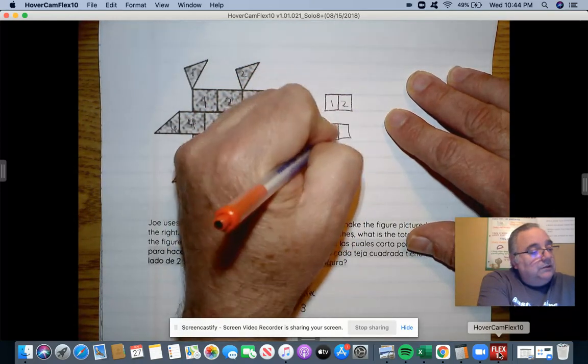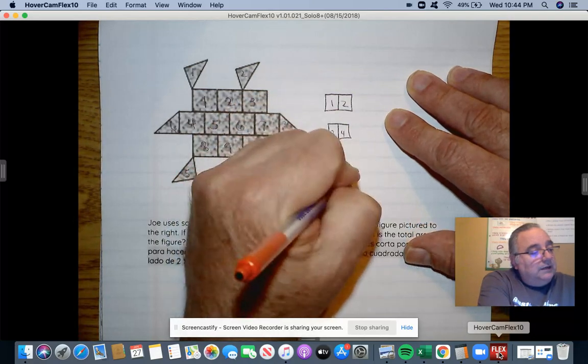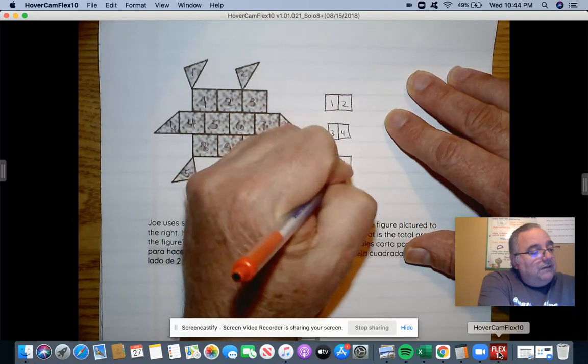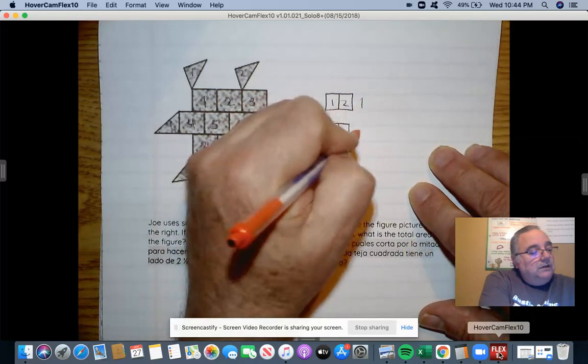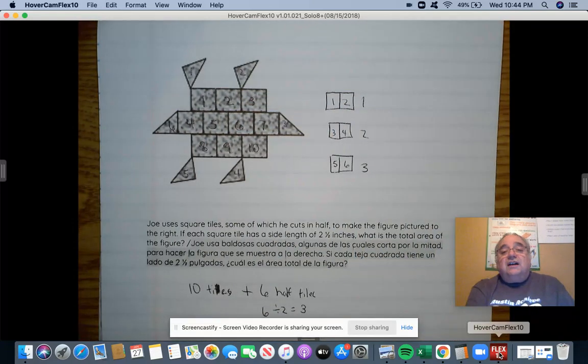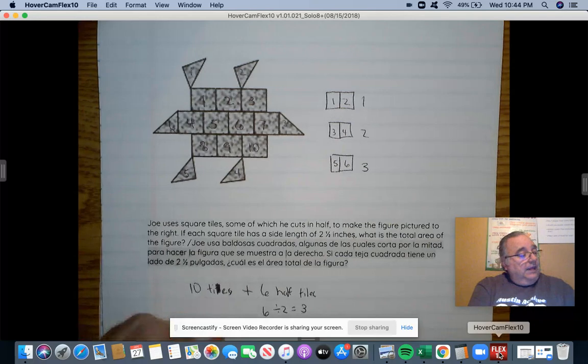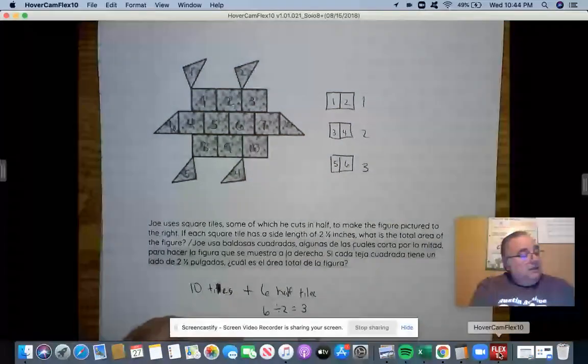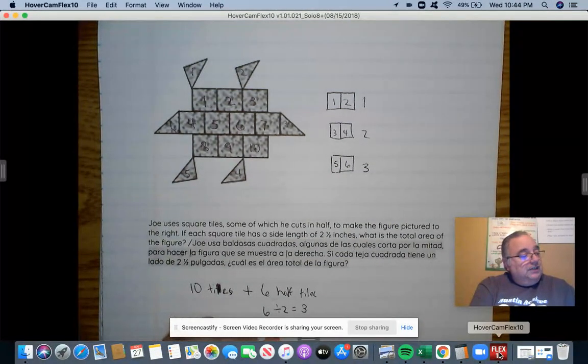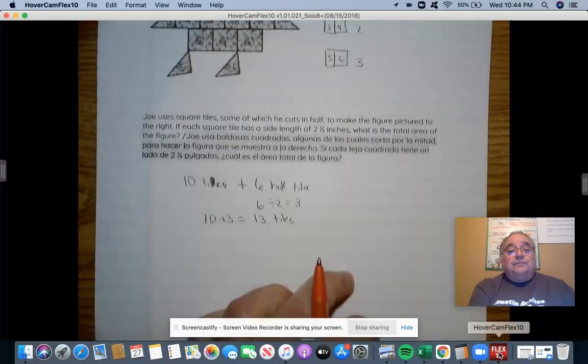That's 1, 2, 3, 4. I need to do one more. 5, 6. That's 1, 2, 3 whole tiles. So I know that 10 plus 3 equals 13 tiles. So I got that there.